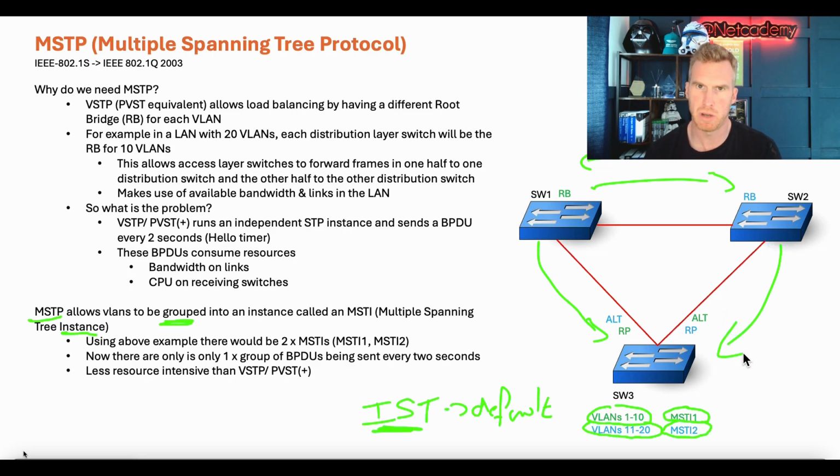So you don't have 20 times the BPDUs for these 20 VLANs here. Now we've only got this one default instance, this one IST, sending out those BPDUs, yes, every 2 seconds, that doesn't change, to all devices. And that is a lot less resource intensive, both in the sense of bandwidth and on the devices themselves.